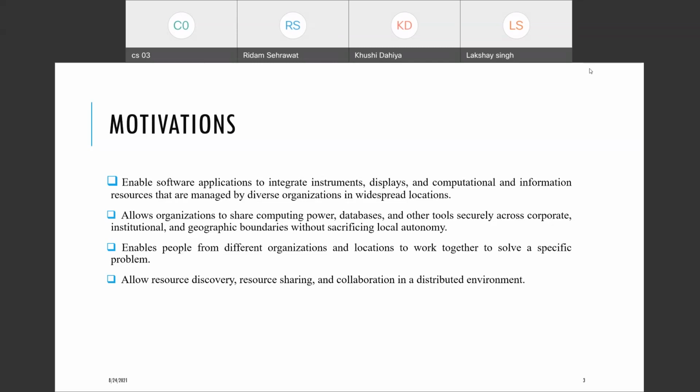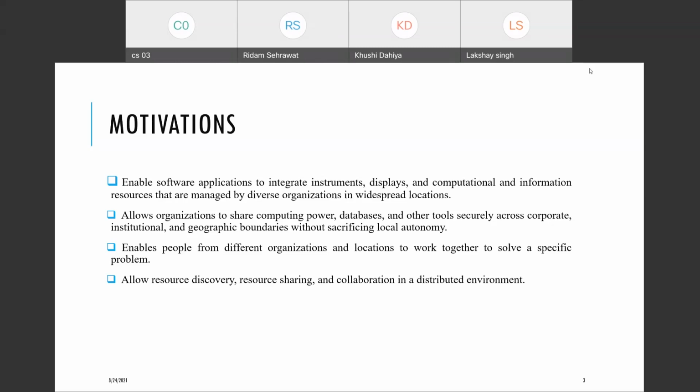Like we can identify which CPU is idle, and we can use that CPU. In the same way we can identify which resource is being used by which device, or which is empty, and use the resources. So whatever the applications, the motivations are almost all related to those.